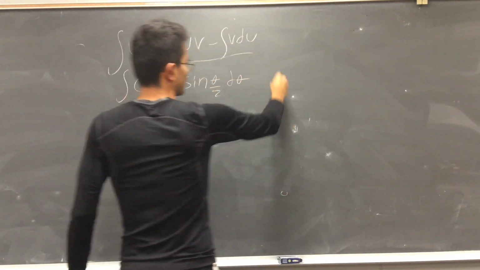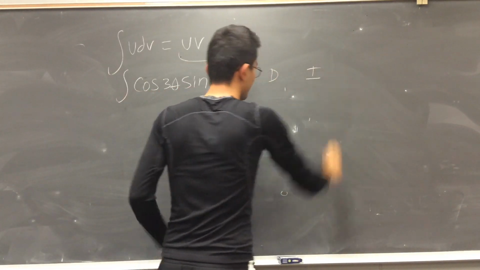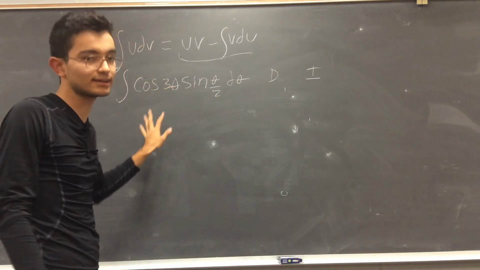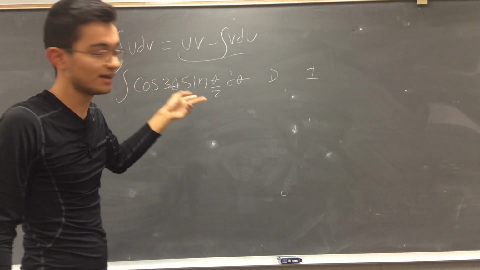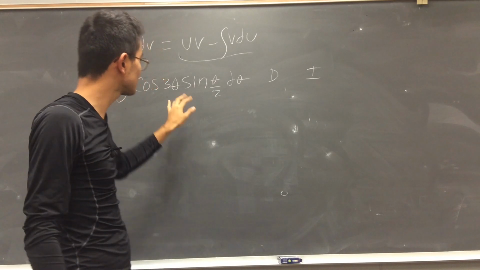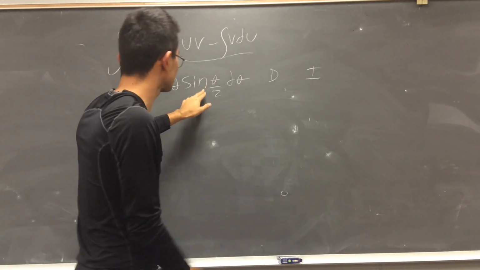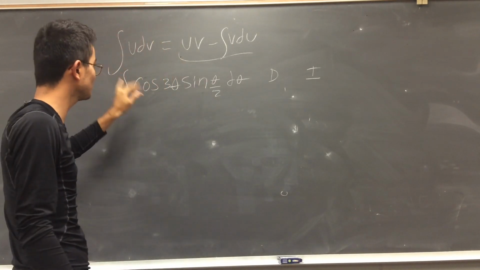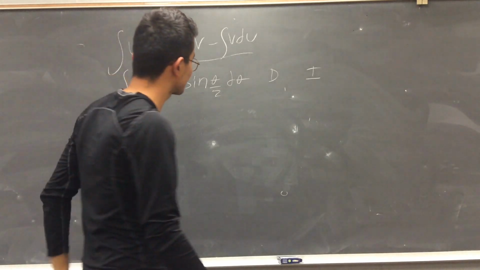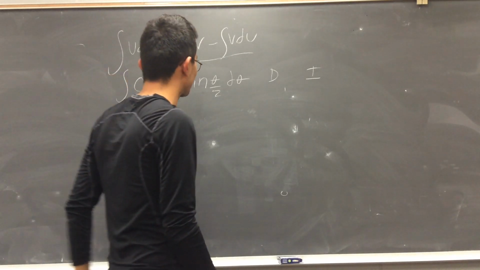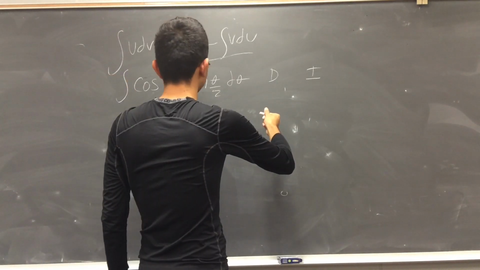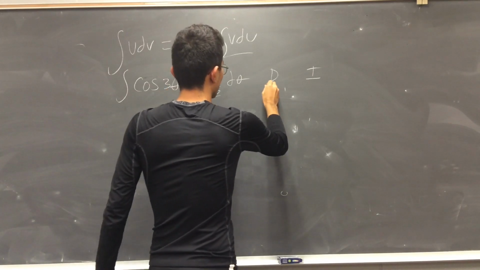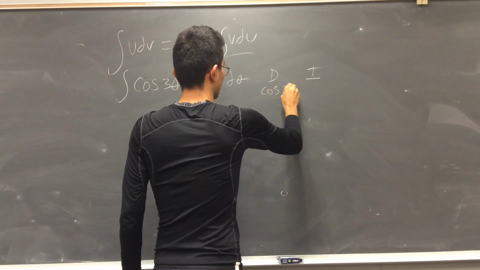So let's use the DI method: differentiate, integrate. In this case it doesn't really matter, because both of them are trigonometric functions. You could say u is sine theta over 2 or cos 3 theta. It doesn't really matter, but let's do u equals cosine 3 theta.